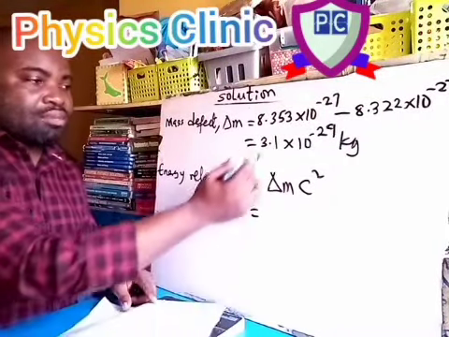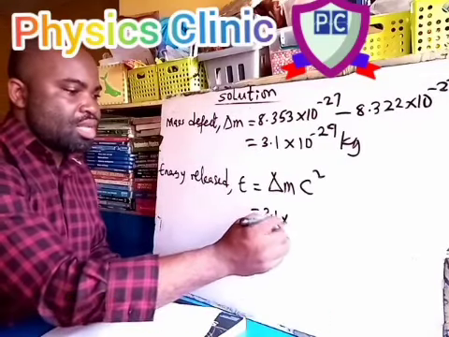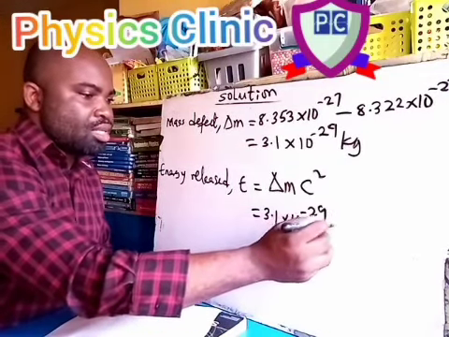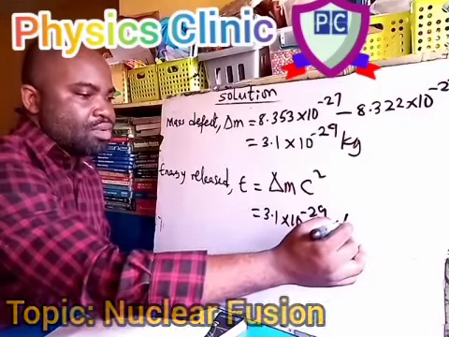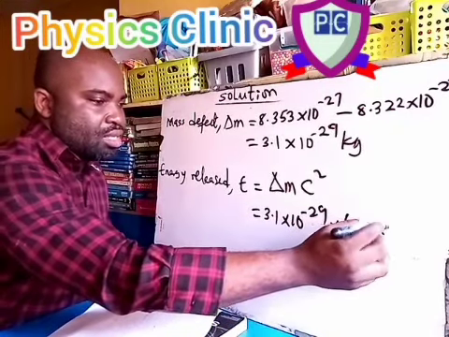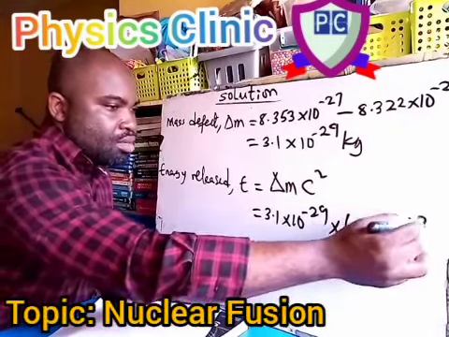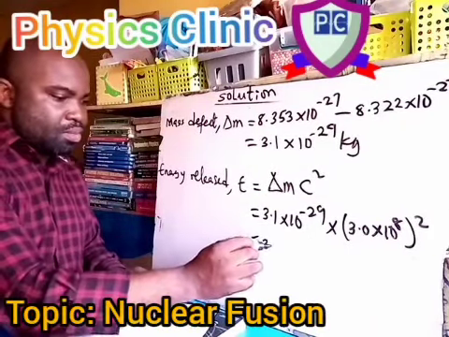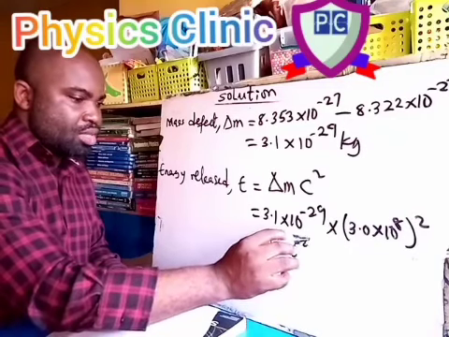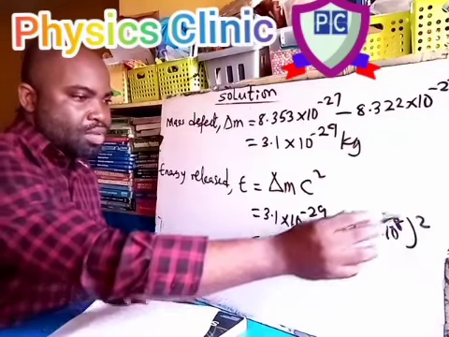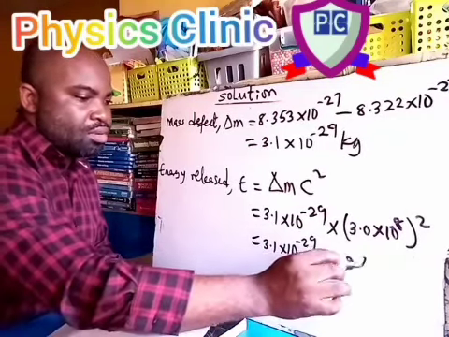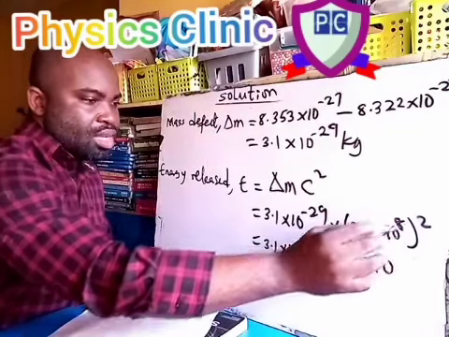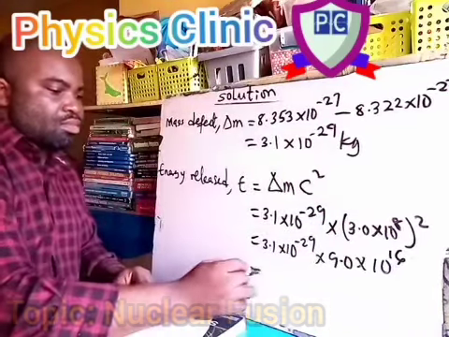The change in mass, which is the mass defect, is 3.1 times 10 raised to the power minus 29, multiplied by the speed of light squared, which is 3.0 times 10 raised to the power 8, all squared. And that will be 3.1 times 10 raised to the power minus 29 times 3.0 squared, which gives 9.0, times 10 to the 8 times 2, which gives 16.